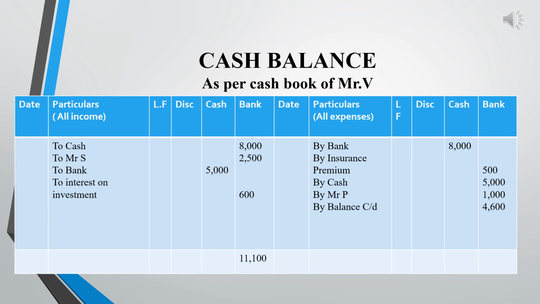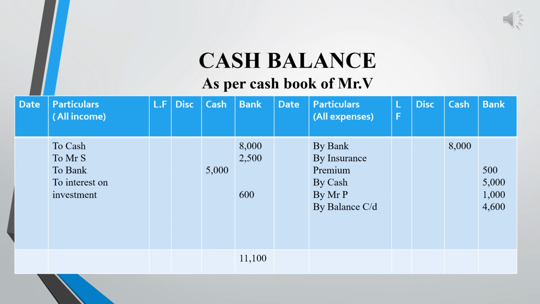This is the cash book of Mr. B. Before we get into the cash book, we need to know what a contra entry is. Under three conditions, this contra entry will apply. The first one is maintaining a bank balance. The second one is depositing an amount in the account or withdrawing an amount from the account.